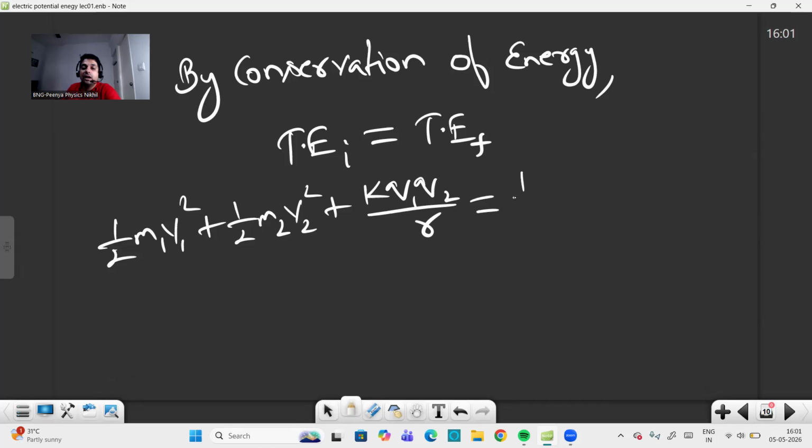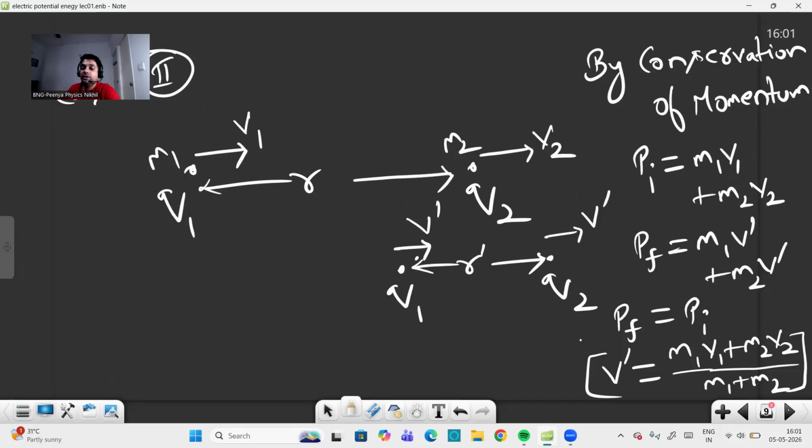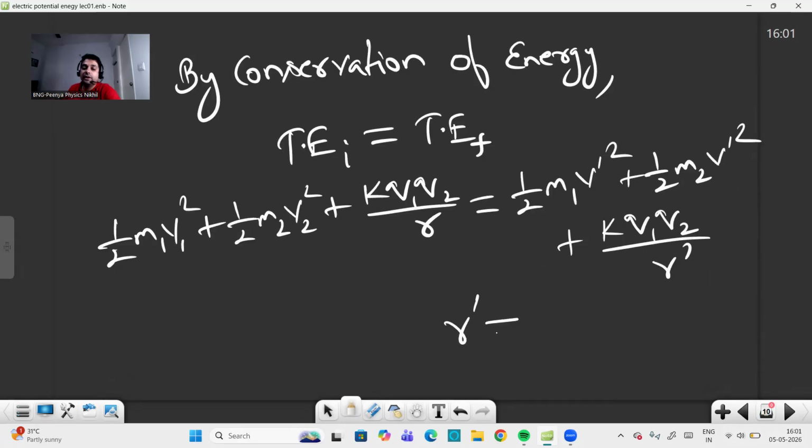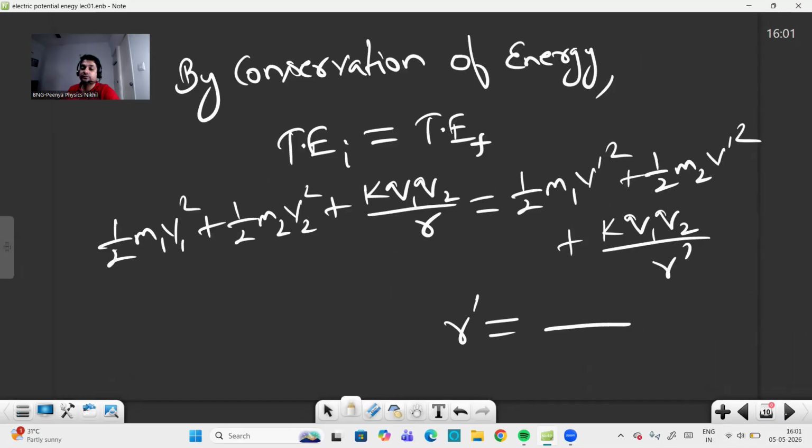Final energy is half m1 v dash square plus half m2 v dash square plus k q1 q2 by r dash. V dash we will already find from here and put the value here, and then we can find the r dash value also. So in this type of questions, we can always use conservation of momentum and conservation of energy. By using that concept, we can find the closest distance of approach.